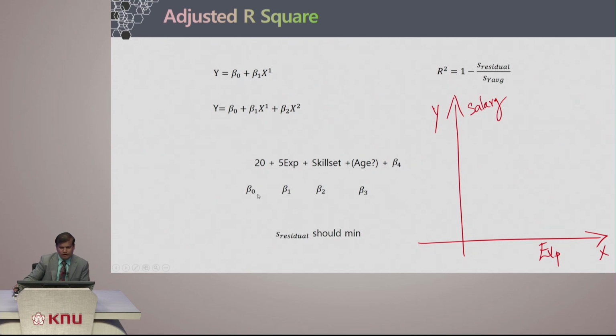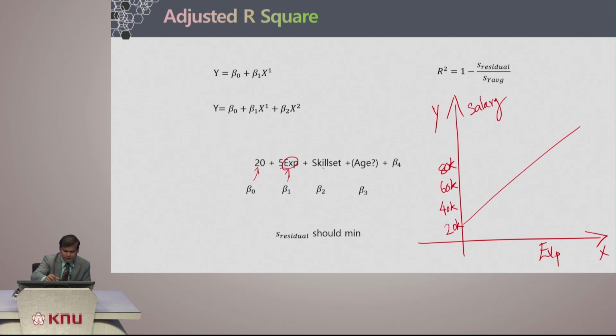For example, beta naught is where we are starting, for example 20K, 40K, 60K. That's going to be your beta naught, and then maybe years of experience, some special skill set, and age.